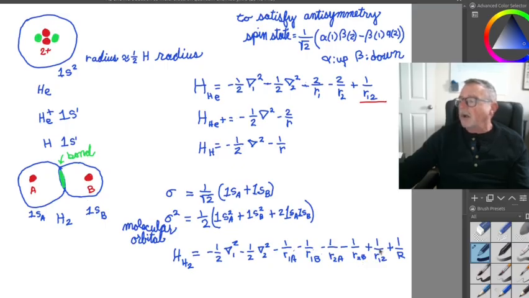Then the repulsion term here, and then what the heck is this thing, this 1 over big R? Well, the big R is the radius between the two proton centers, and that's going to be a repulsion term because it's going to push these two things away.